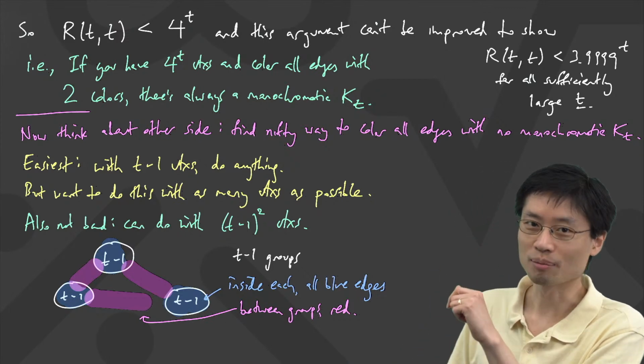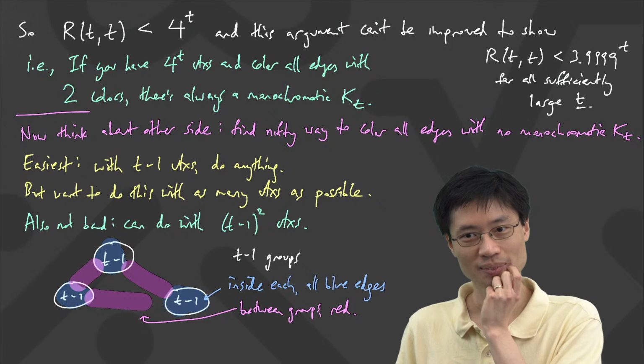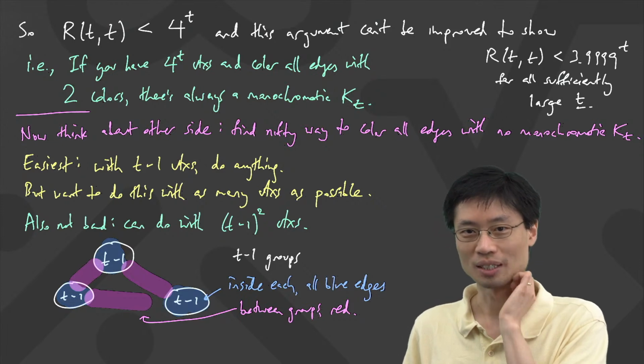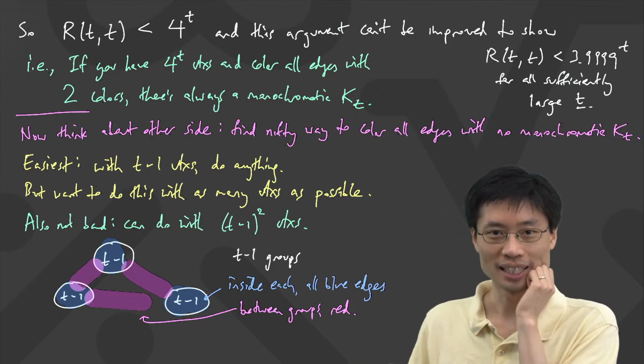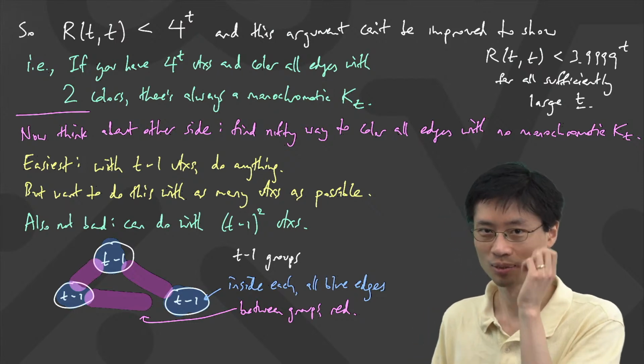The slightly non-obvious one is, why is there no red K_t? Anyone else want to help me with that? I just want to make sure everyone's on the same page. Why is there no red K_t in this thing? Nancy.